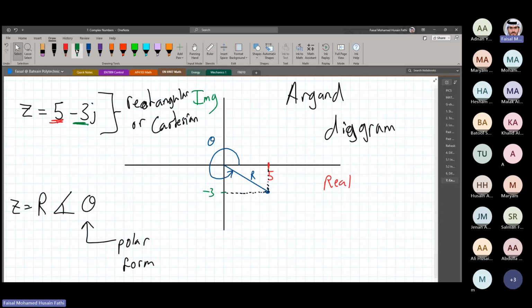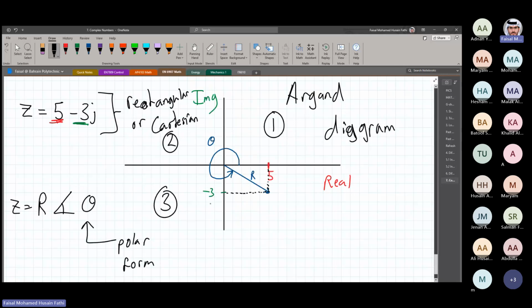If it's in the fourth quadrant, just some terminology, this is called the first quadrant, this is the second quadrant, this is the third quadrant, and this is the fourth quadrant. Okay? So in the graph, when it's in the fourth quadrant, you're always starting from the positive x-axis, or in this case, the positive real axis. That's where your angle will always start from.